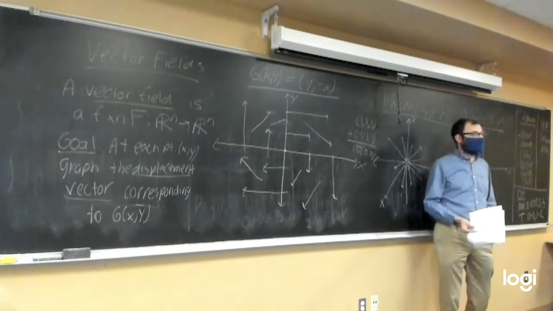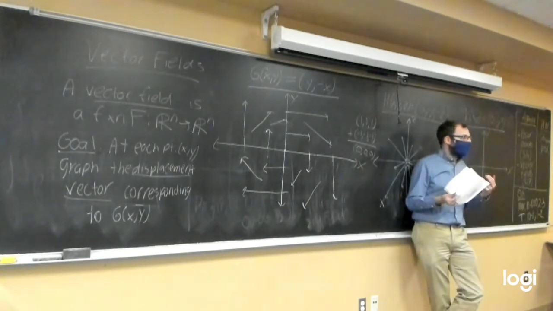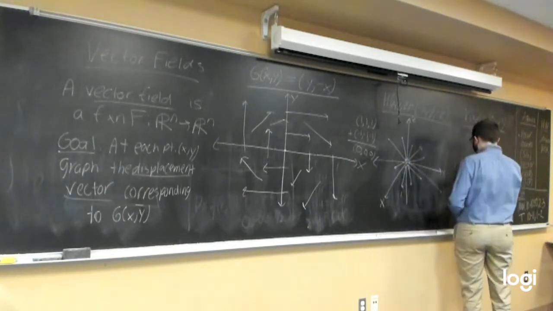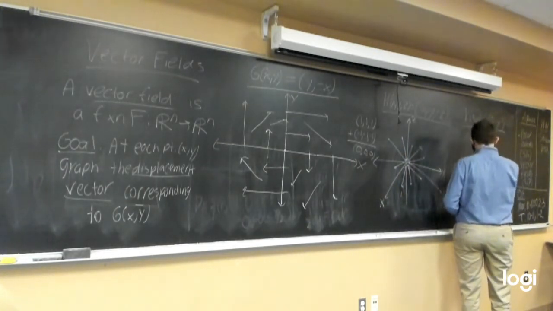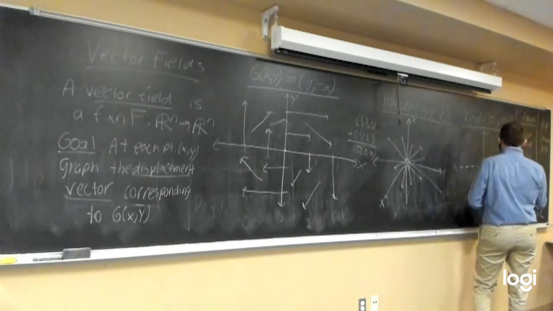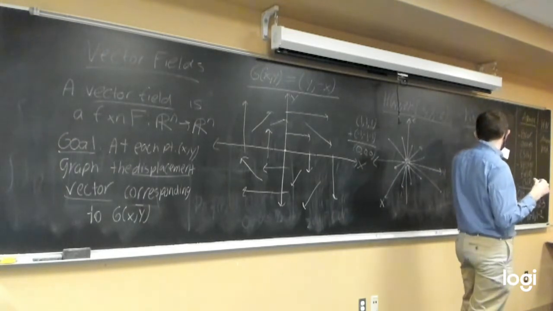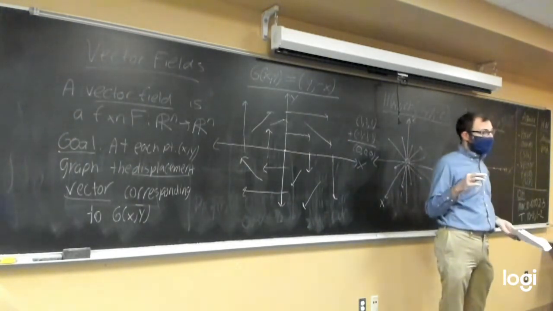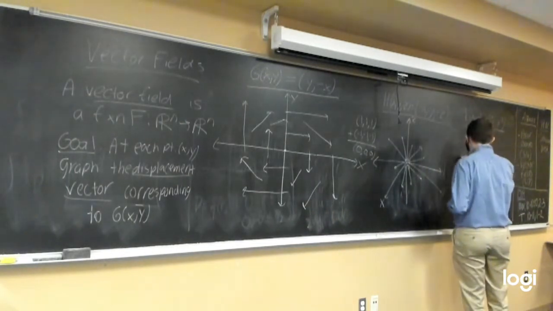And since the second coordinate is always non-negative, since y squared will be 0 if y equals 0, we're going to get a bunch of points along the x-axis here. But as long as y is anything other than 0, the y-coordinate of our output will be positive, and so we'll get arrows pointing upwards.